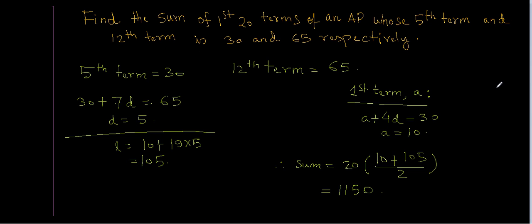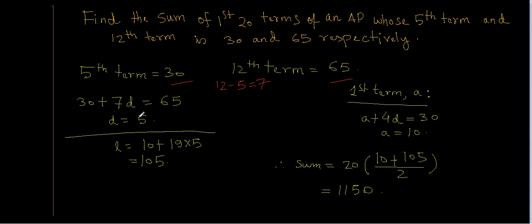Let's see another example. We have to find the sum of the first 20 terms of an AP series whose fifth and 12th terms are given. The fifth term is 30 and the 12th term is 65. So there's a gap of 7 between the fifth term and the 12th term, as 12 minus 5 is 7.